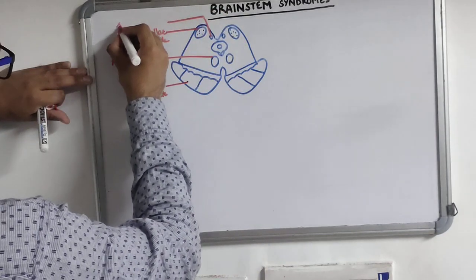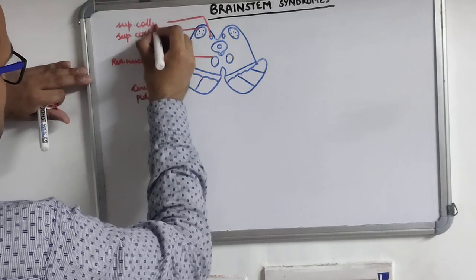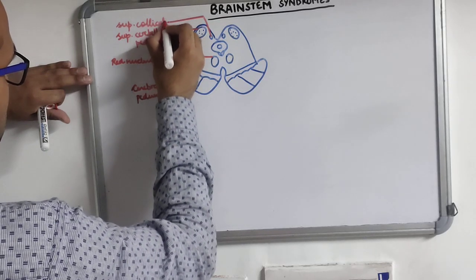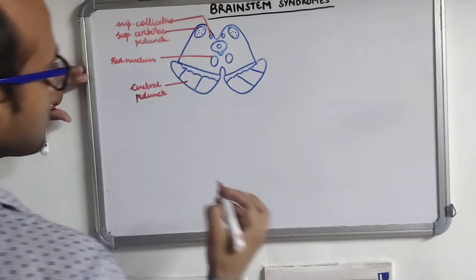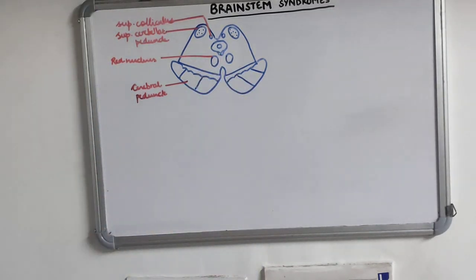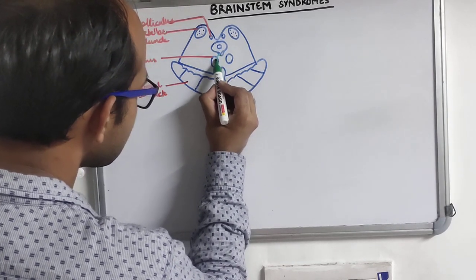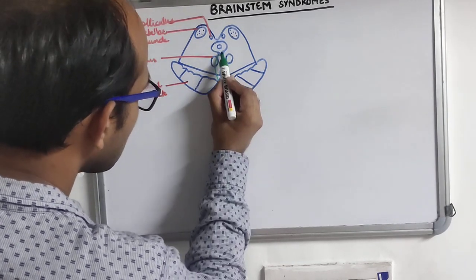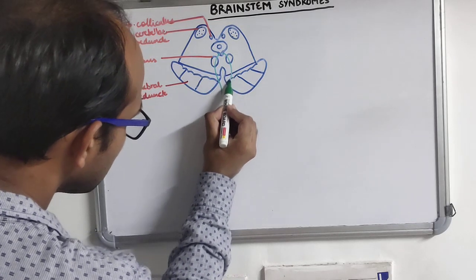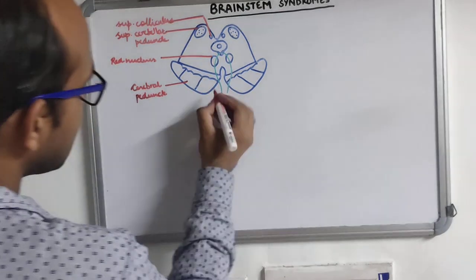Superior colliculus. And if I draw the oculomotor nerve, here it originates and it courses down. So this is the oculomotor nerve.